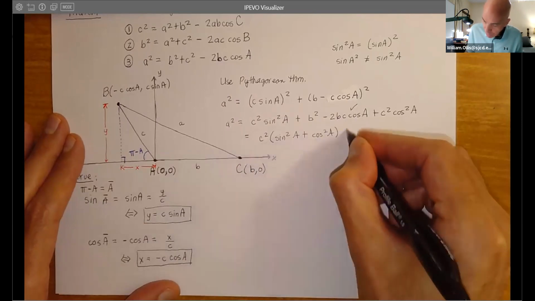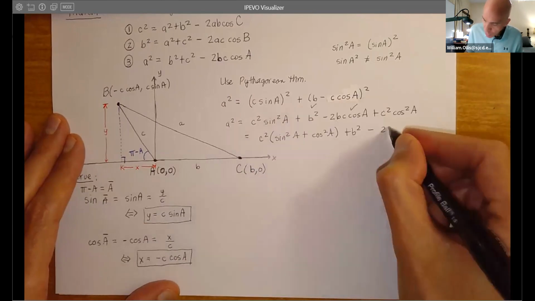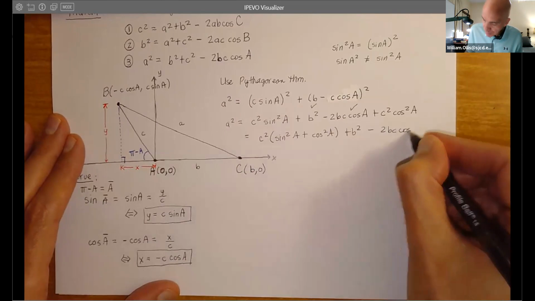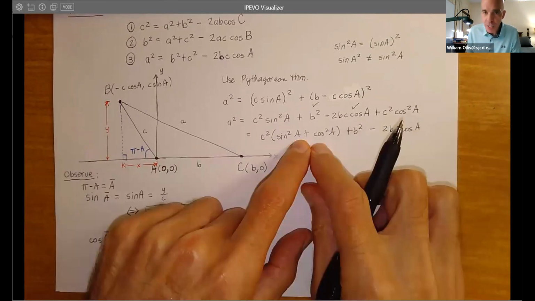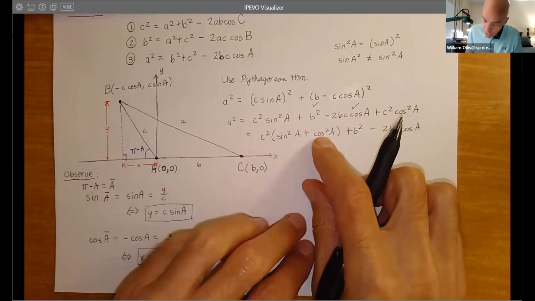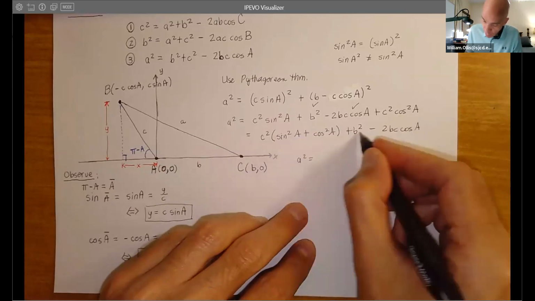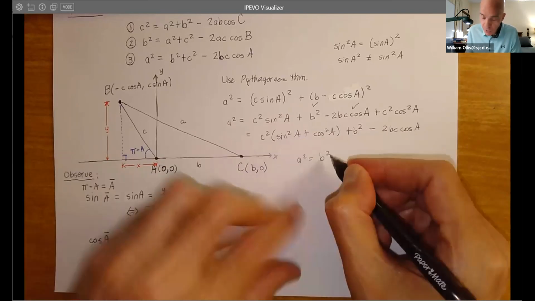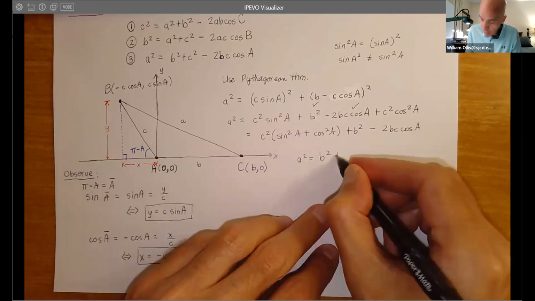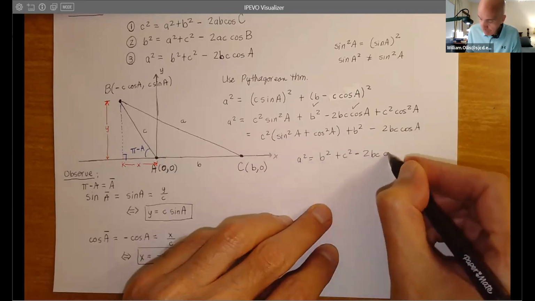Plus b squared minus, so that's a check too, we don't have to do anything to that, 2bc cosine A. And then of course, this is just where it all began, the unit circle, the standard fundamental identity. So we get a squared, and we'll write this in order, b squared plus c squared times 1, which is c squared, minus 2bc cosine A.